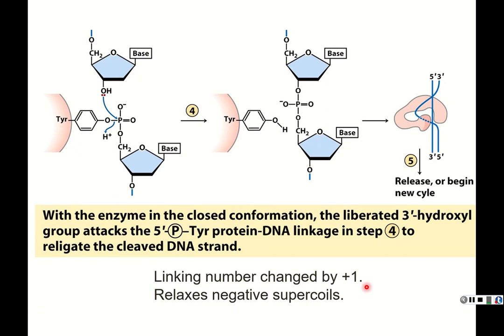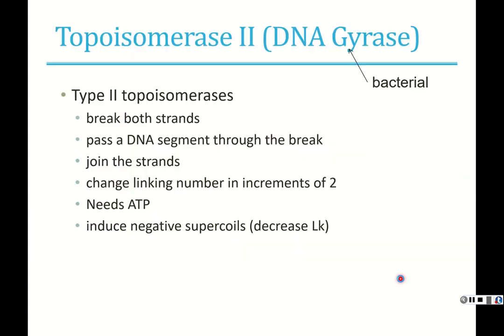Okay, you're actually adding another turn or coil in there. After that is pulled through, then the reverse reaction can happen. You get a nucleophilic attack from the 3' hydroxyl to the phosphate, okay, and everything goes back. So very simple mechanism, and you're just changing the linking number, again, by +1.